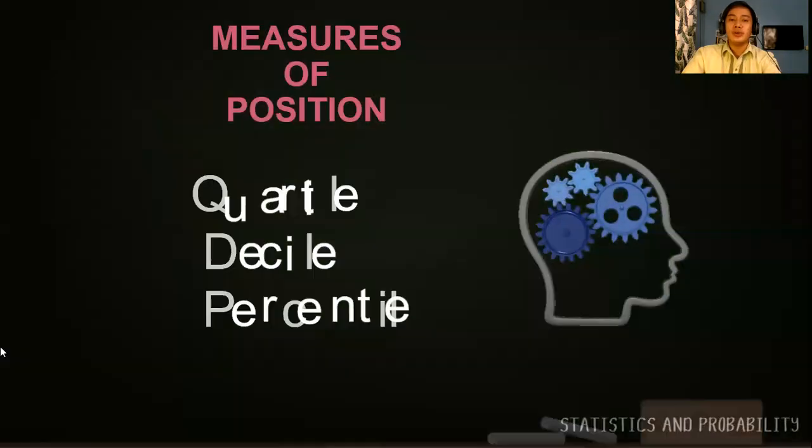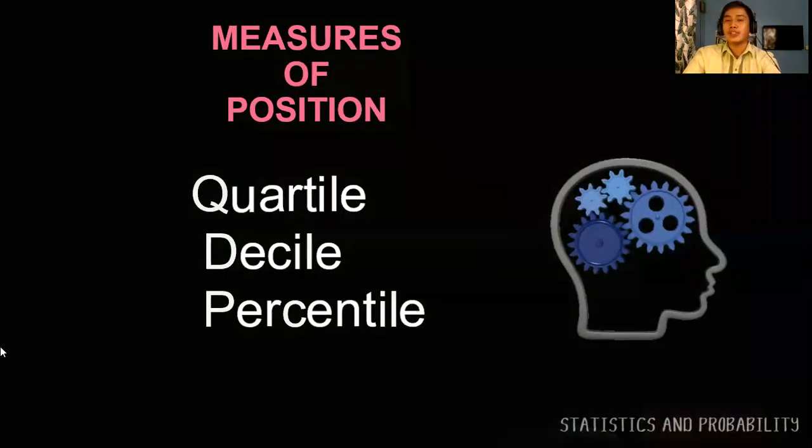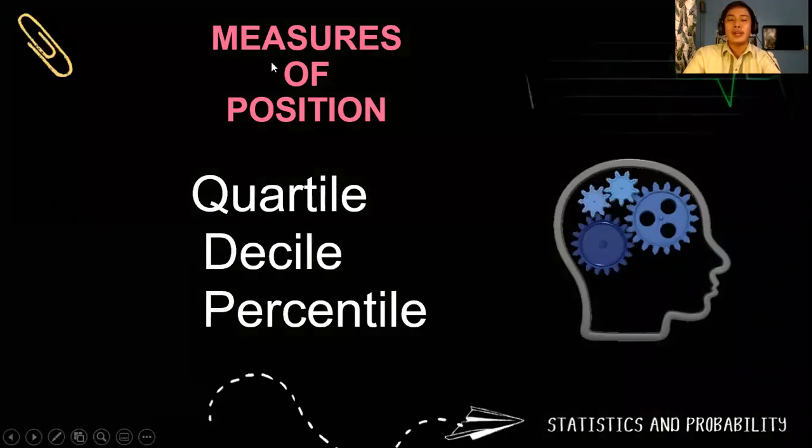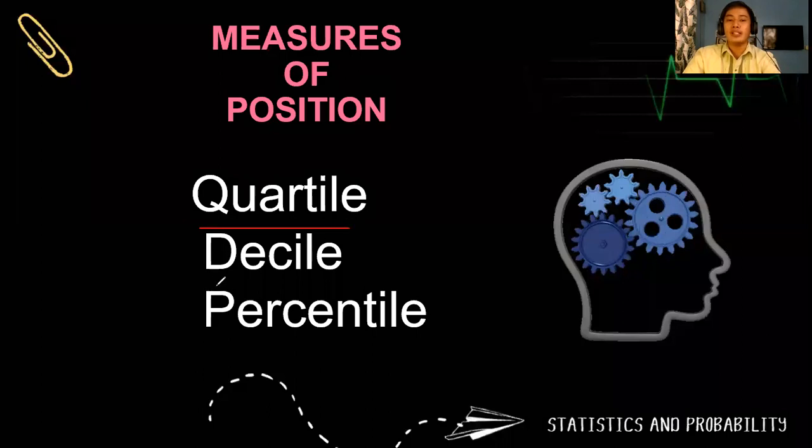I know that during your grade 10 mathematics, you were also asked to find some measures of position. You have the quartile, the decile, and the percentile. It describes what part of the distribution is below or above your set of data. So we can also consider this one as a measure of rank or a measure of position.